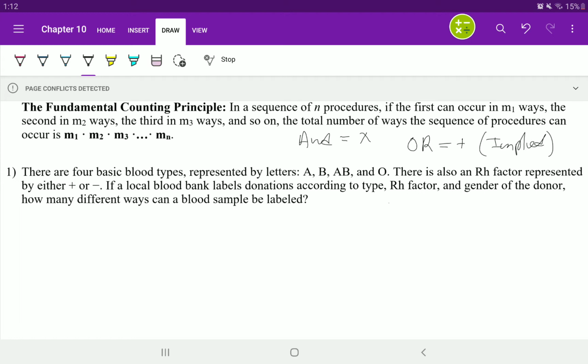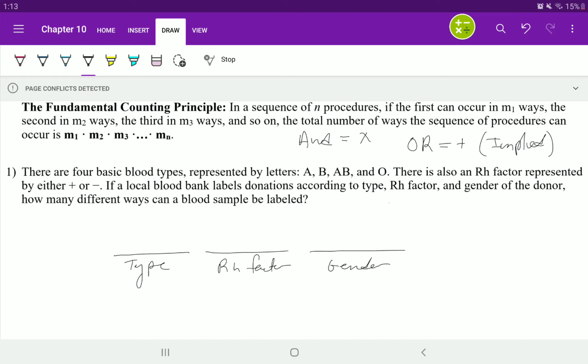So we want to find the number of ways using the fundamental counting principle. Here we have it labeled by blood type, by RH factor, by gender. And in this case, gender will be perceived as male or female.